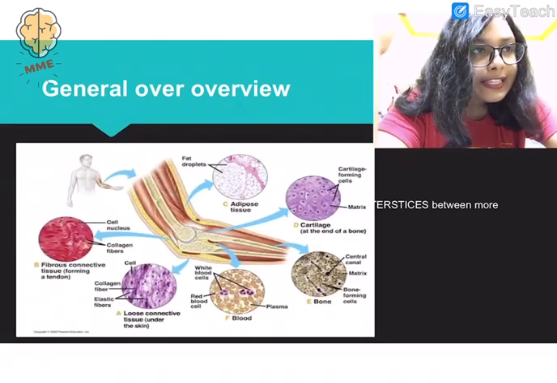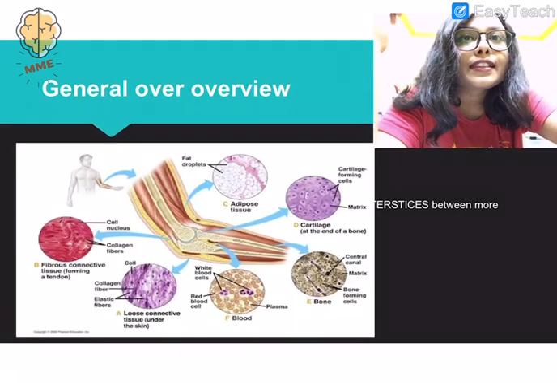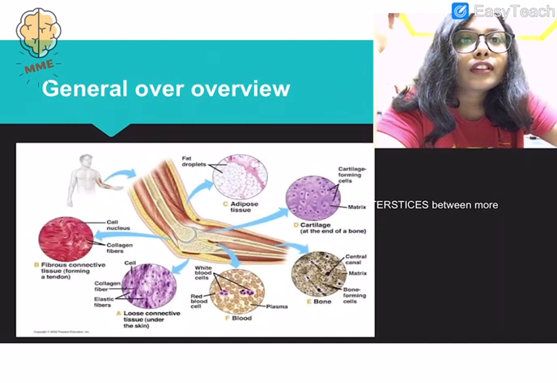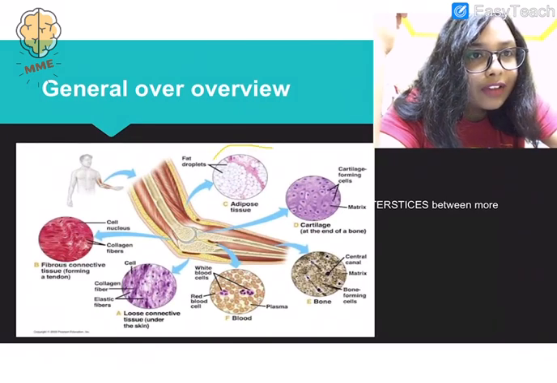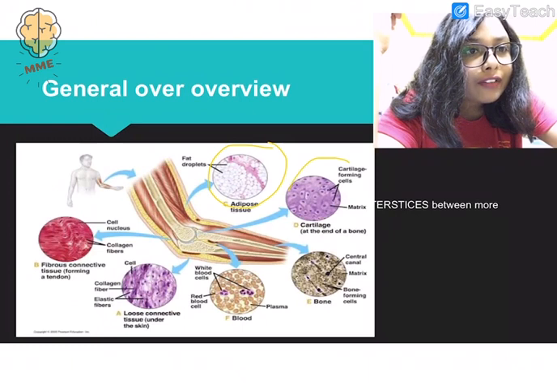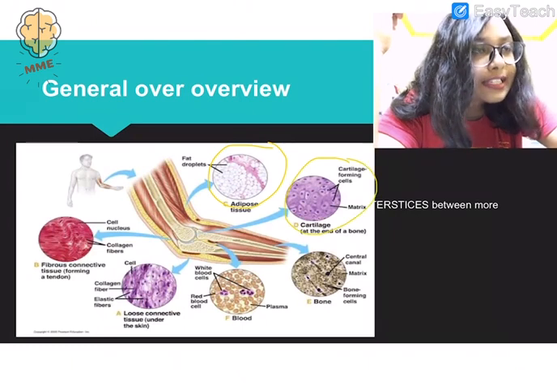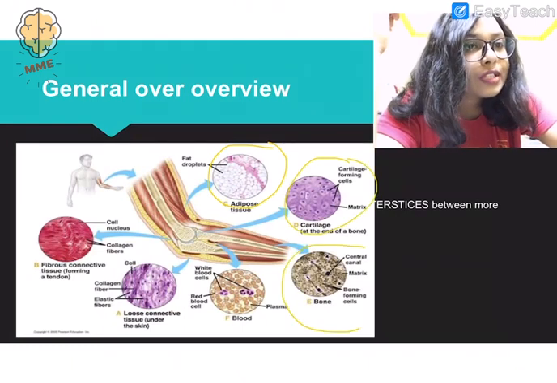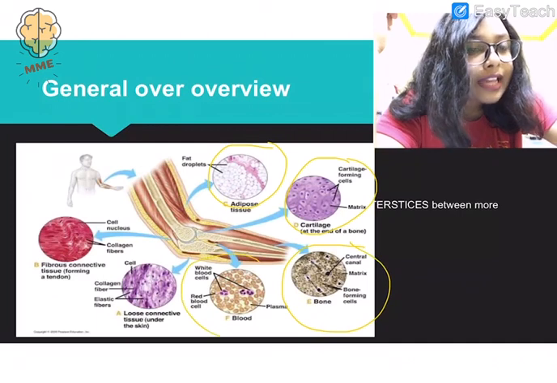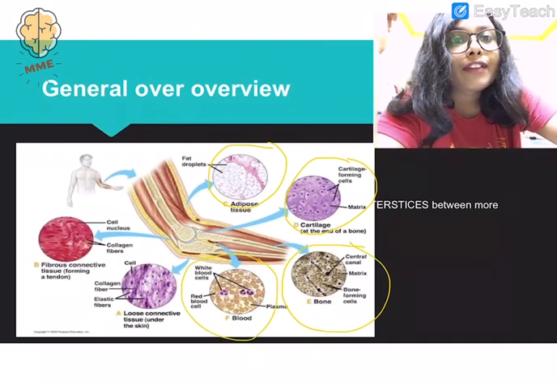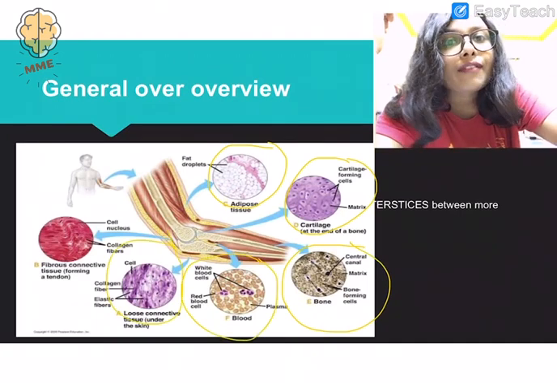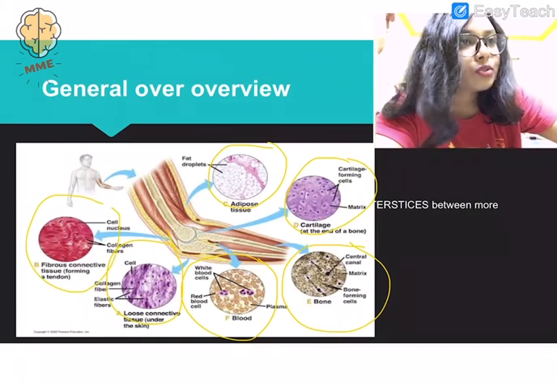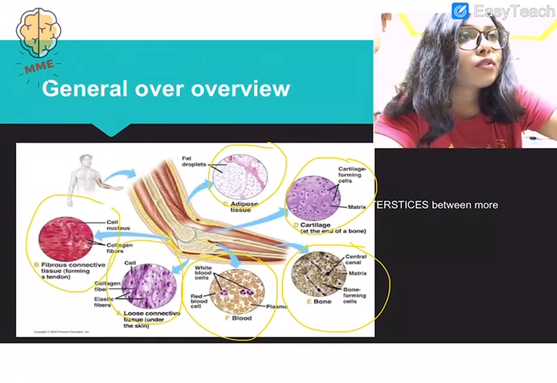For example, we have adipose tissue, we have cartilage, which is a specialized connective tissue, we have bone, which is a specialized connective tissue, we have blood as a specialized connective tissue, we have loose connective tissue, then we have fibrous connective tissue. These are the examples of a connective tissue.